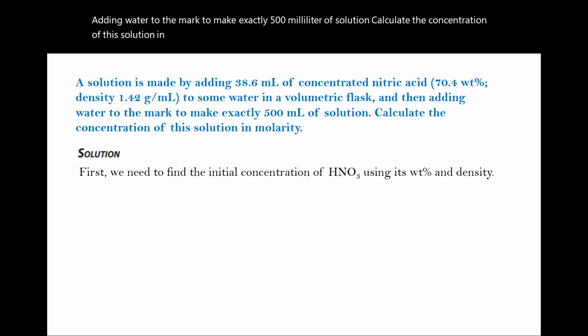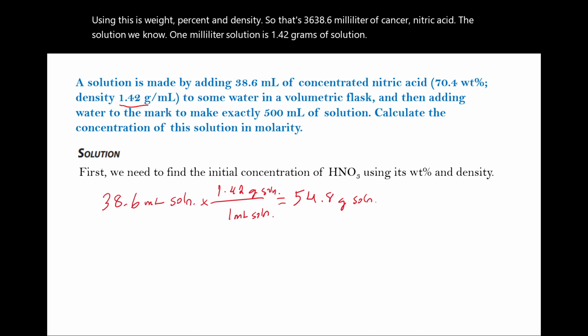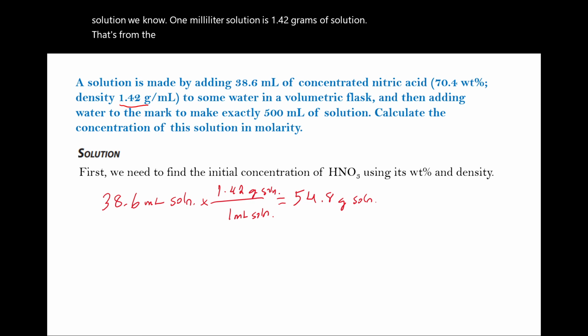So again, first we need to find the initial concentration of nitric acid using its weight percent and density. That's 38.6 milliliters of concentrated nitric acid. We know 1 milliliter of solution is 1.42 grams of solution. That's from the density, and we come up with 54.8 grams of solution.